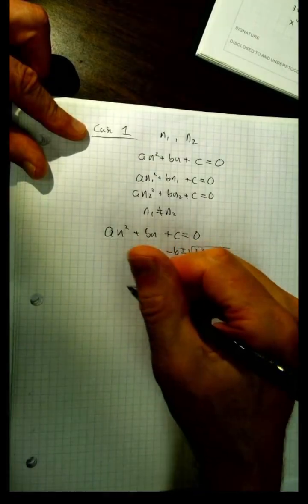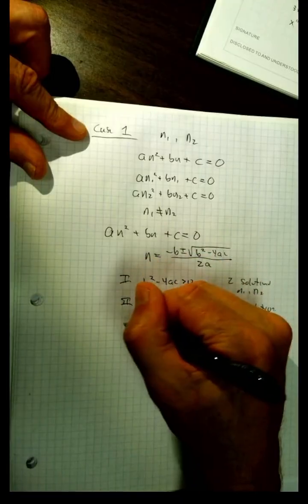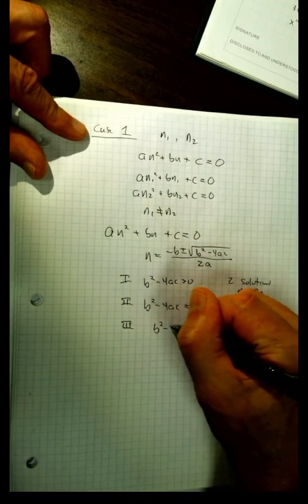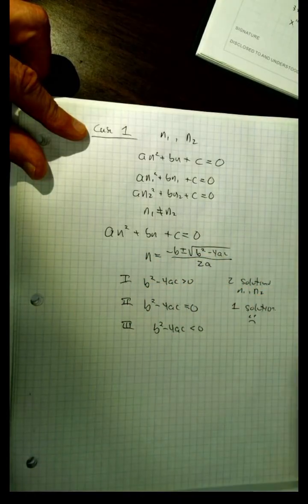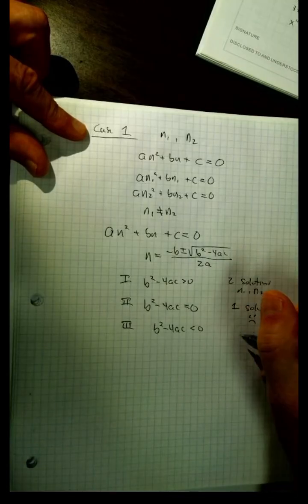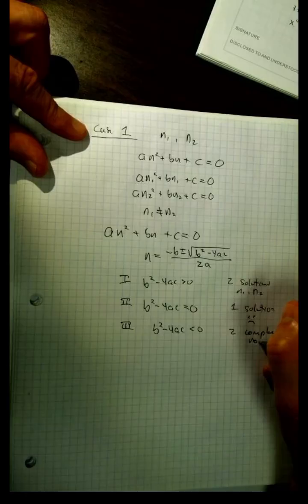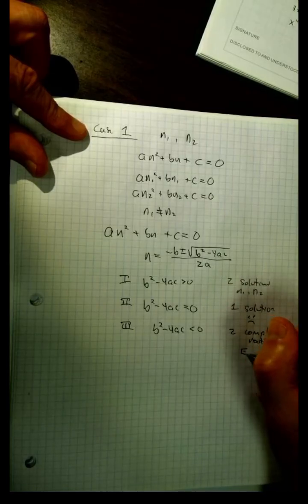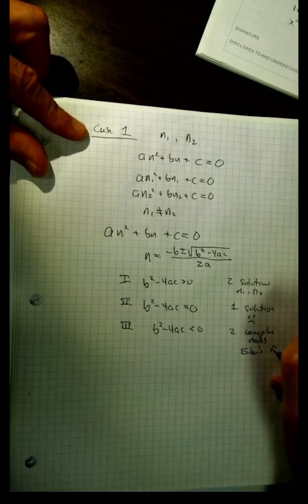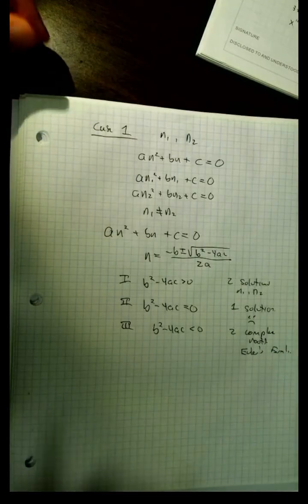I'm going to have to come back to that. So that's case 1, 2, and then case 3. If b squared minus 4ac is less than 0, I'm going to have two complex roots. And then I'm going to use Euler's formula to deal with that.